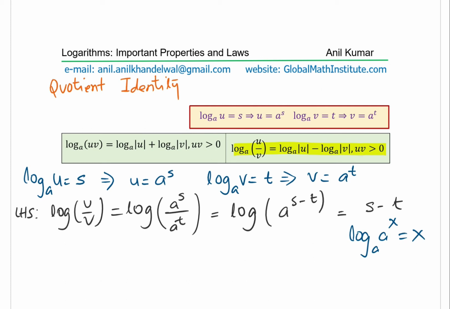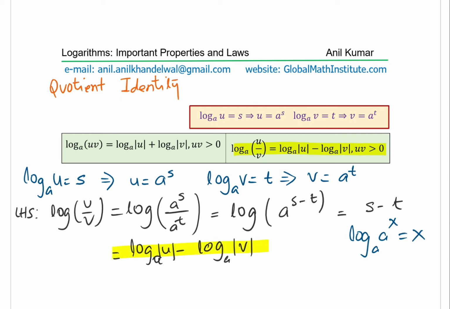Perfect. Because of that, this is true. So what we have shown here is that the left-hand side is equal to s minus t, but s is log to the base a of u, and we'll take the absolute value since u can be negative, and we have the difference between this and the log of the absolute value of v. Perfect. So that is how you actually prove it. Is that clear to you?